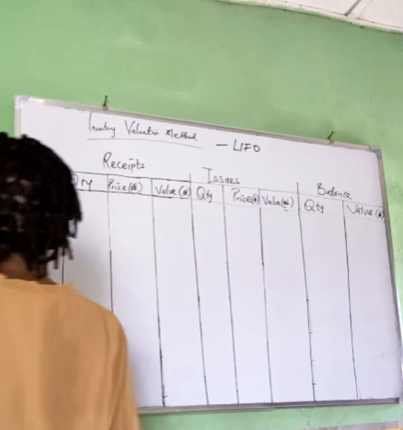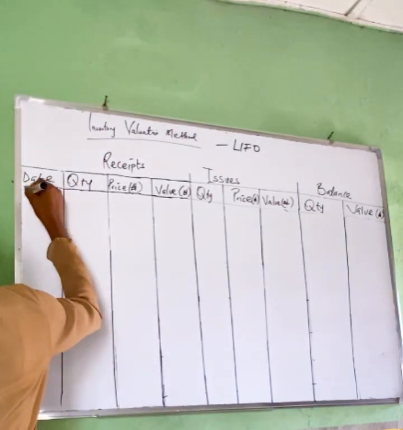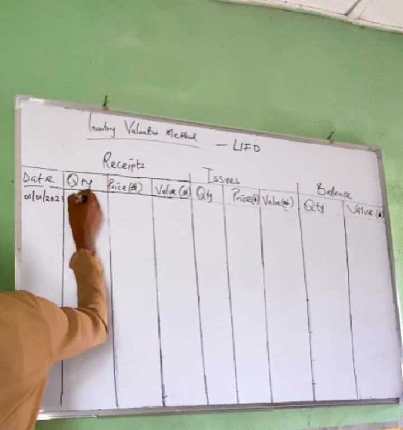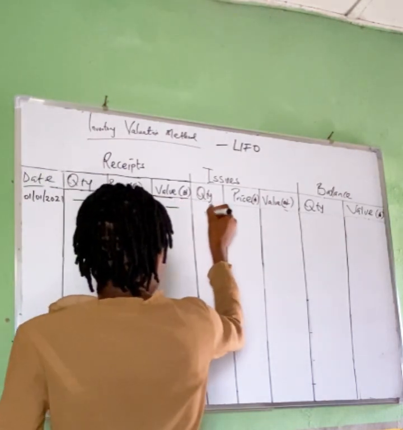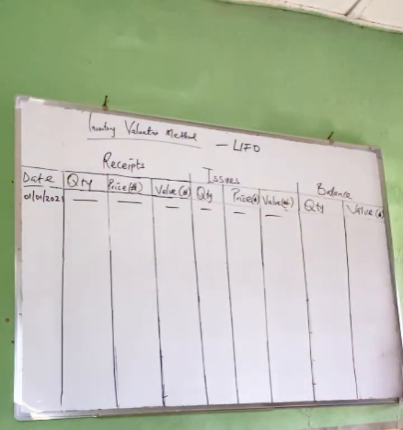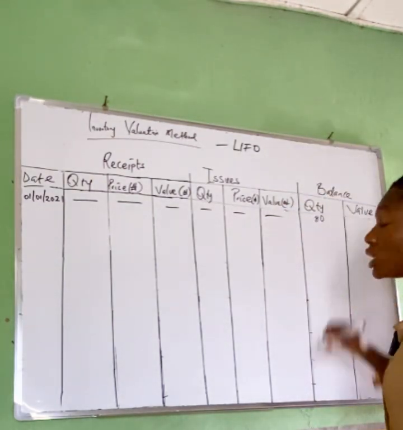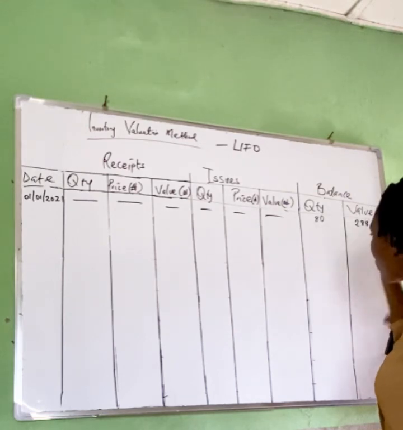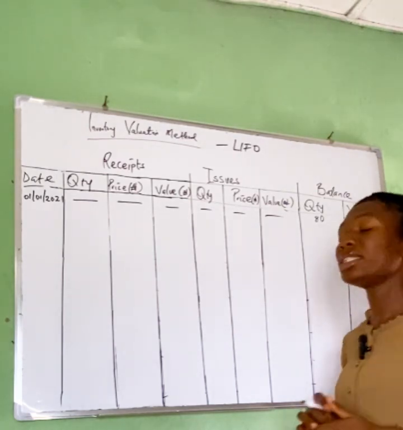On the 1st of January it was not a receipt, neither was it an issue. So that's an opening stock, the balance available at the beginning of the year: 80 units, valued at 288,000.